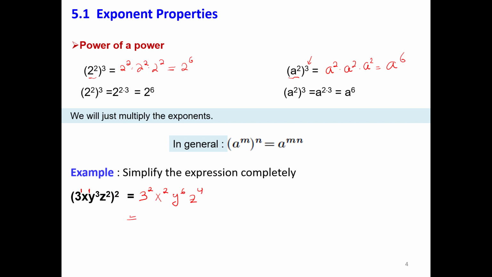Now we need to simplify completely. Then we need to solve this one. 3 to the second is 3 times 3, which is 9. It's not 6. 3 to the second is 3 times 3 is 9. It's 9 x to the second. This is the answer.